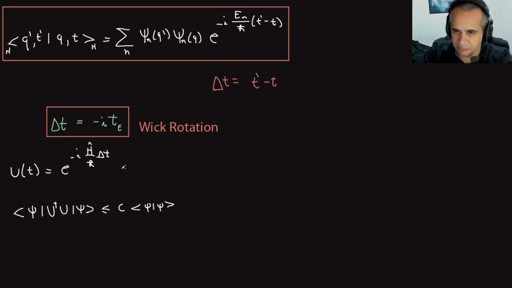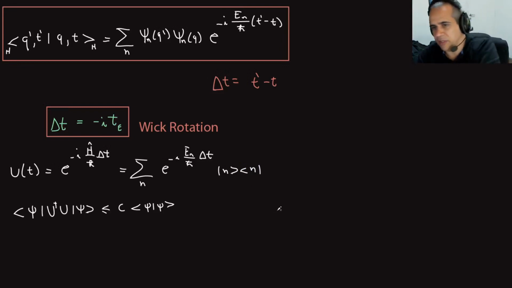The problem is, let me write these using that completeness relation I used above. This will be just e to the energy over h bar delta t, n. I inserted the identity here and acted with the Hamiltonian on this state.